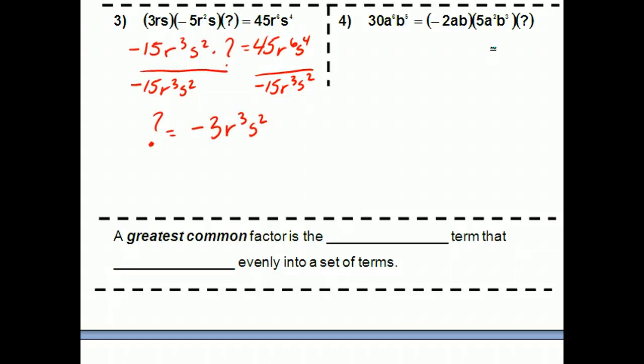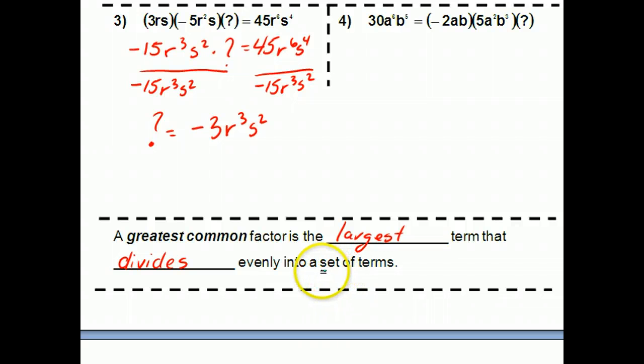Okay? So now we're getting into classifying our factors. So a greatest common factor is the largest term that divides evenly into a set of terms.